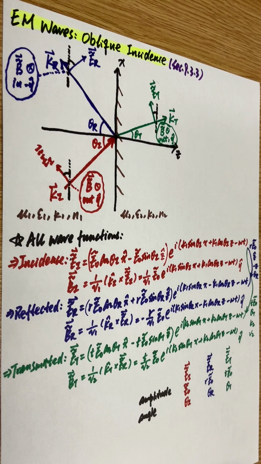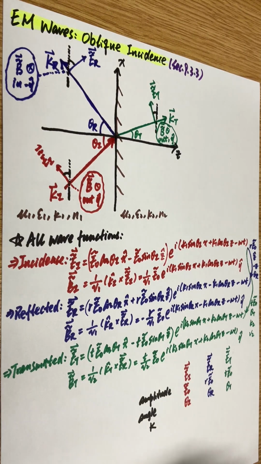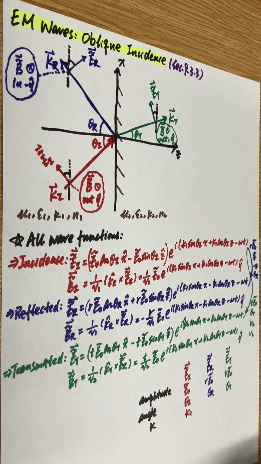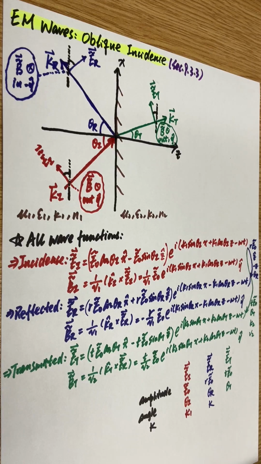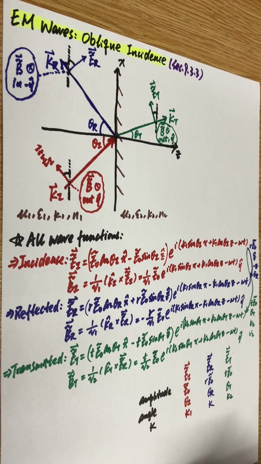And then another thing is the wave number, kappa. So we have kappa 1 for the incident wave, kappa 1 for the reflected wave, and then we have kappa 2 for the transmitted wave.